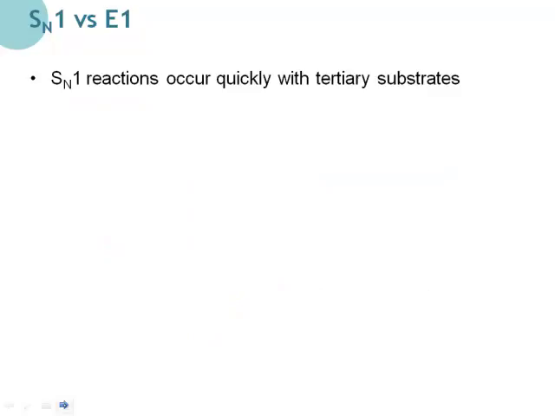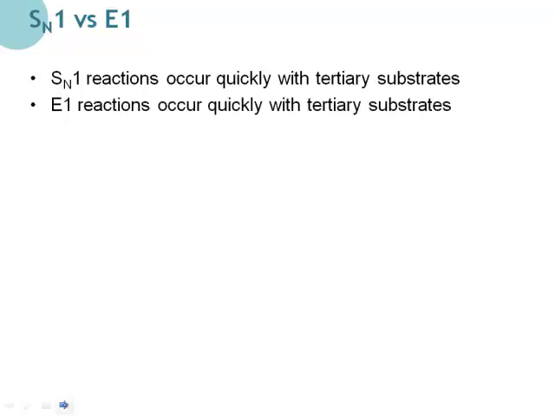So comparing the SN1 and the E1 mechanism, you remember that because we're forming this carbocation, tertiary substrates are always favored because this rate determining step is the initial dissociation. So if we have a more stable carbocation, then the rate determining step is going to be faster.